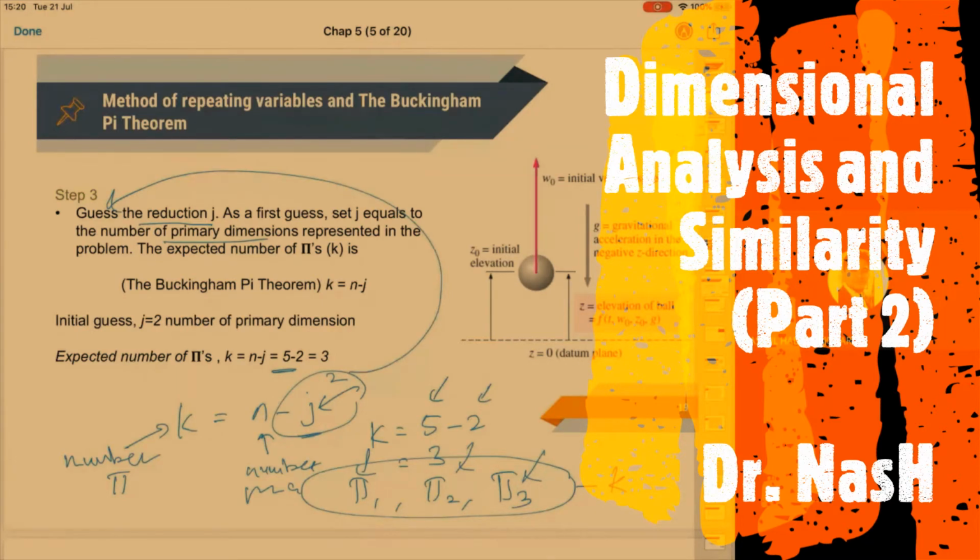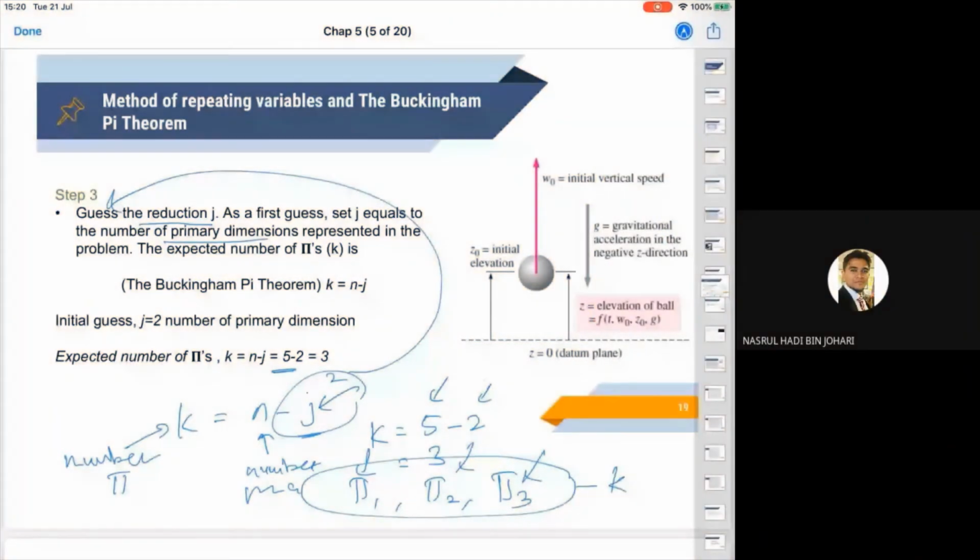Whenever it is non-dimensional, it means it can be used in many situations and conditions. The usefulness of the Buckingham-Pi theorem is very well known.